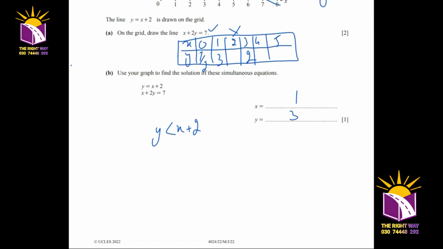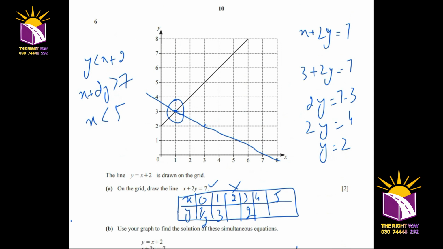Now we have to shade the region R. We have two equations which are drawn over here. This one is our second equation, x plus 2y equal to 7. This one is our first, y is less than x plus 2, and x is less than 5. So x is equal to 5.